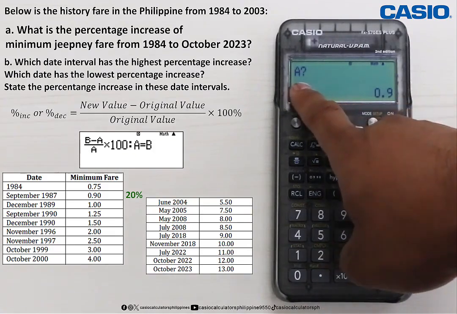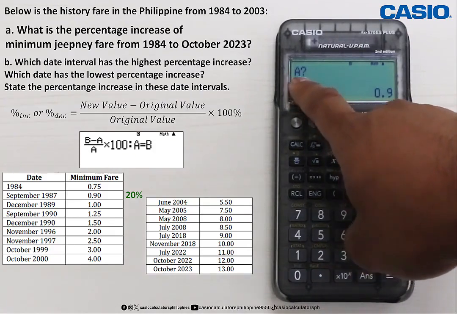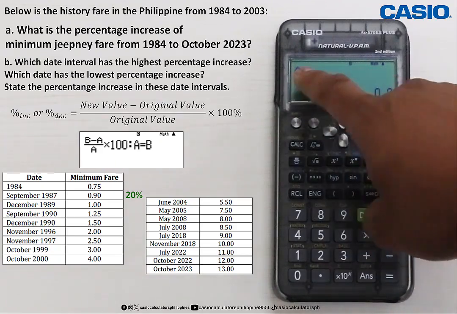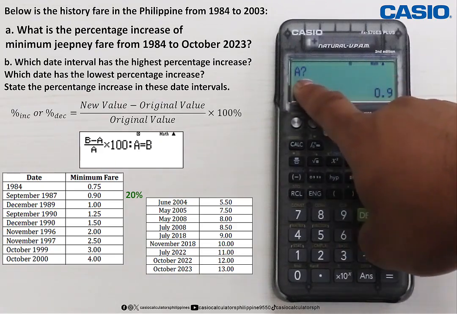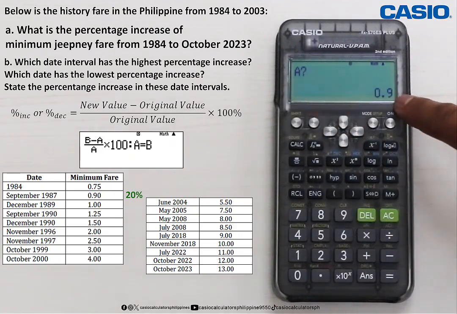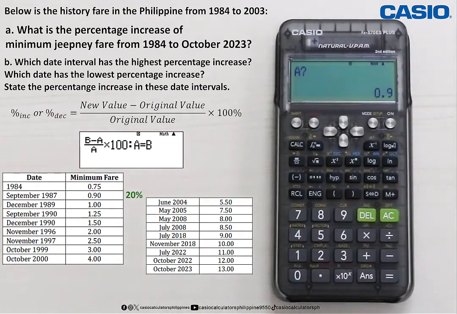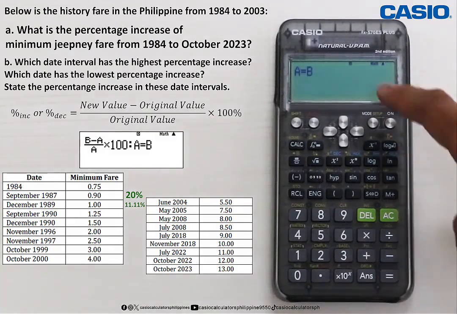And as you can see, the original value, variable A, is now 0.9, the new value before we compute this next range. So we press equal sign, and it will give that the percentage increase from 1987 to 1989 is 11.11%.